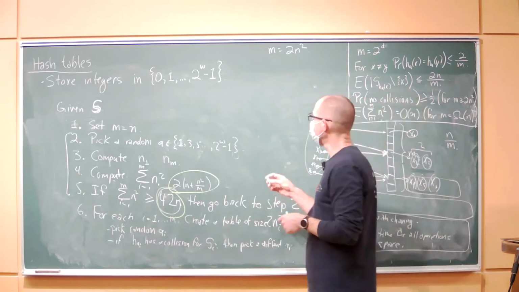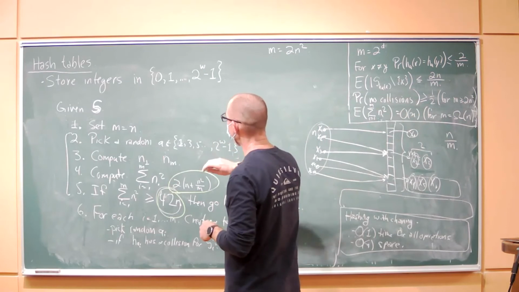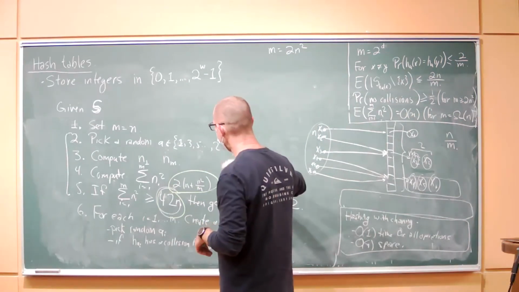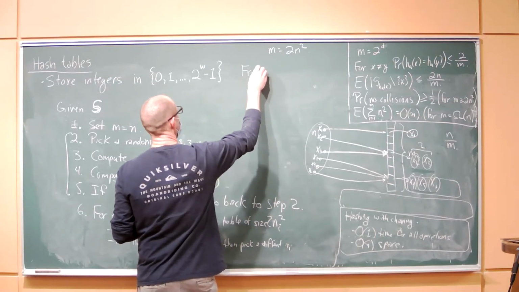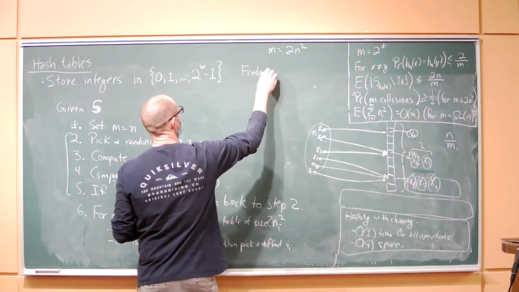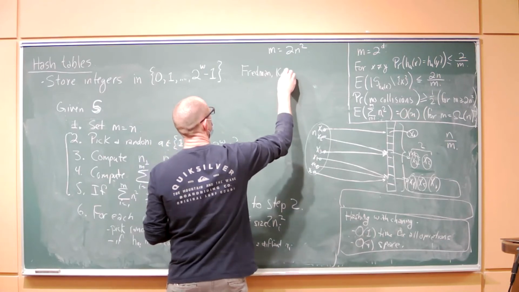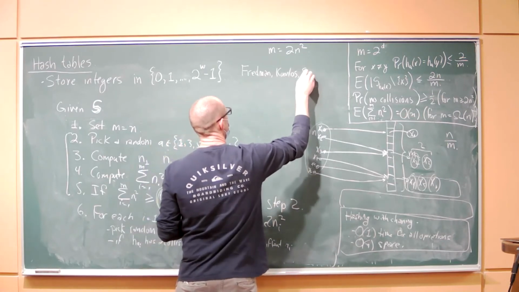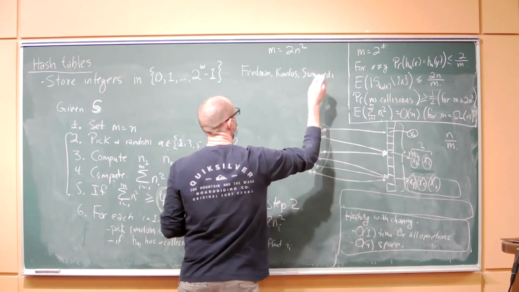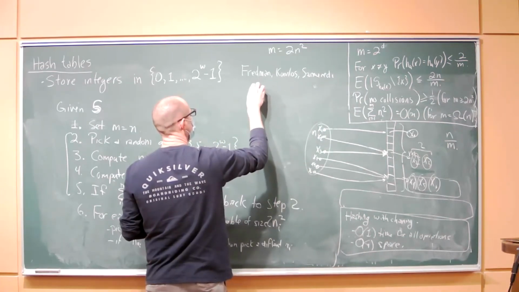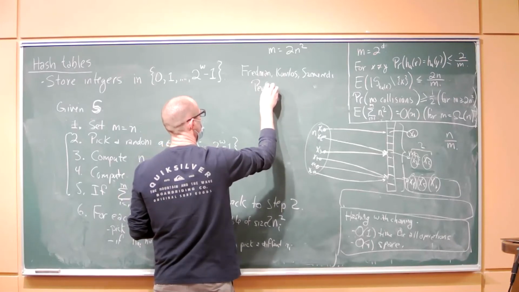So this result is due to 3 famous people: Fredman, Komlos, and Szemeredi. And it's called perfect hashing.